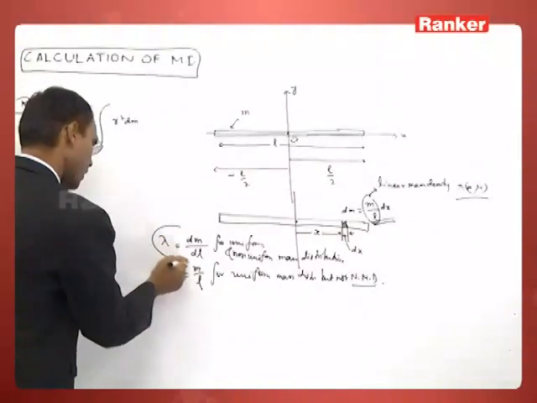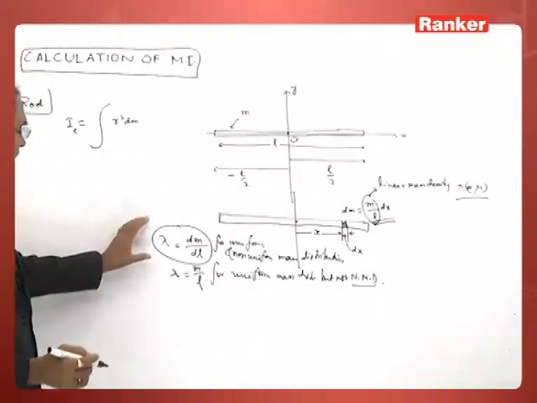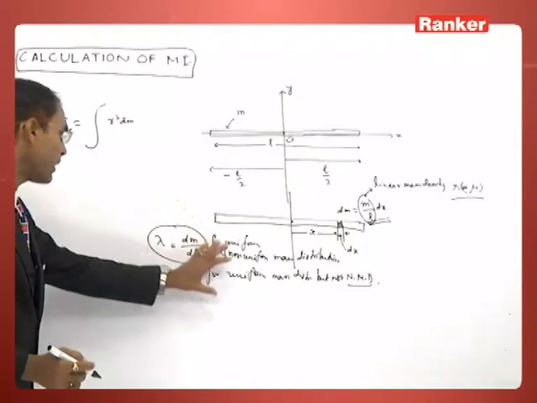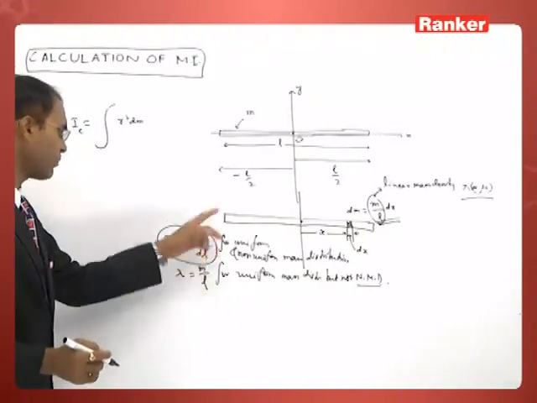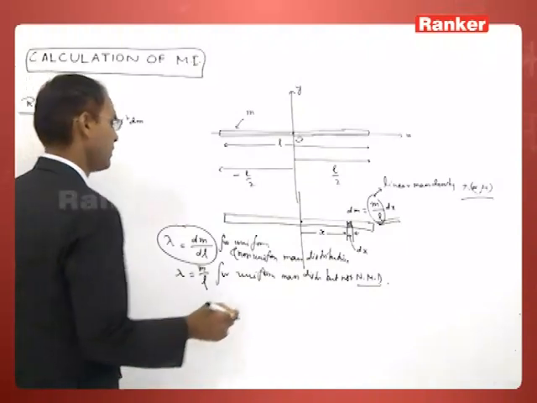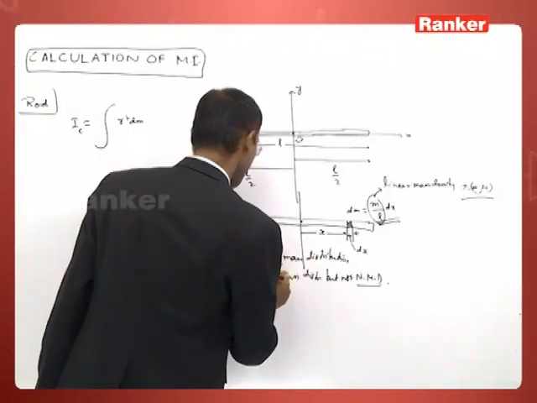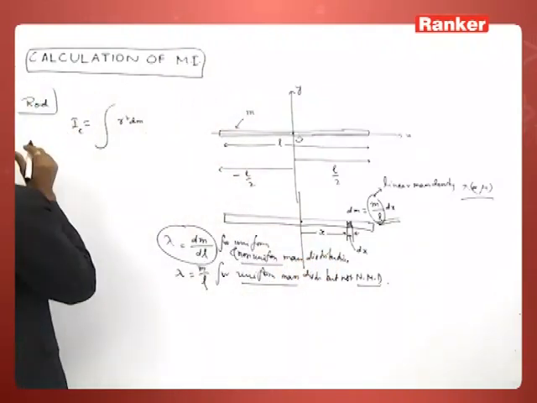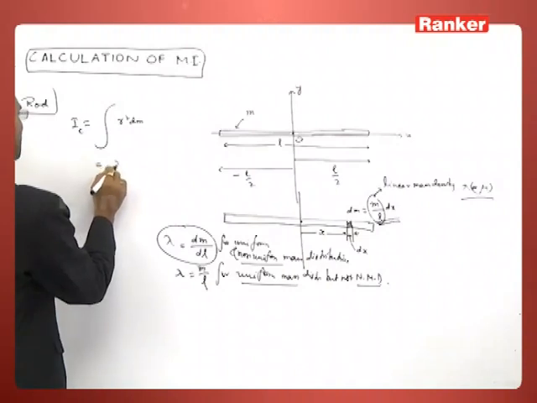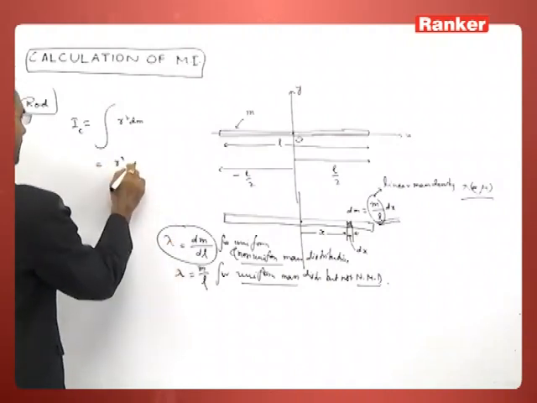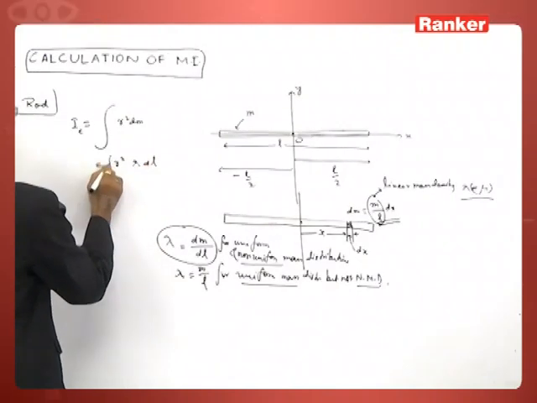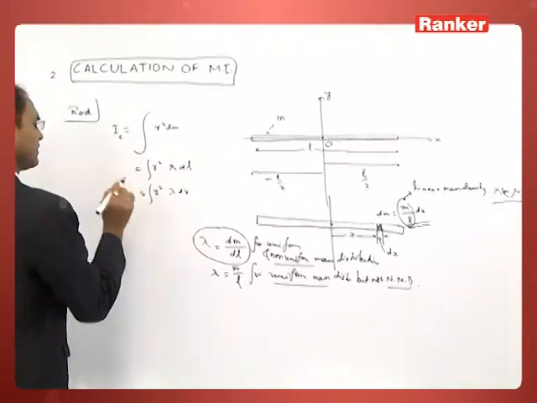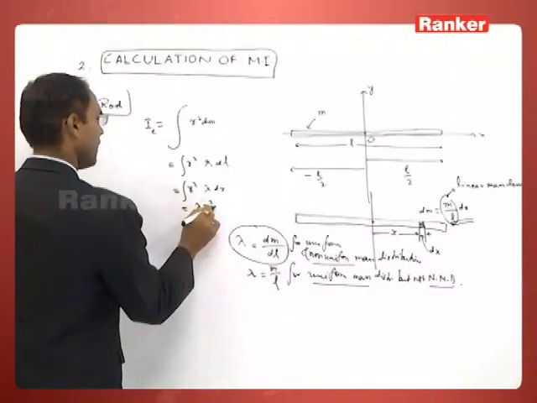Therefore, you can accept this formula as the common formula for both the cases of uniform and non-uniform mass distribution. R square dm. dm can be written as lambda dl. dl can be written as dr. So this is lambda r square dr.